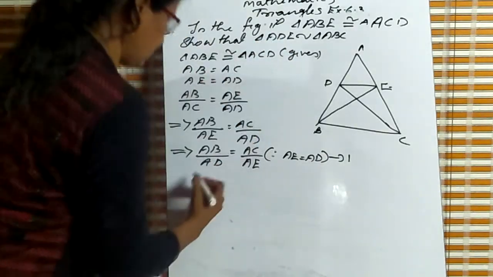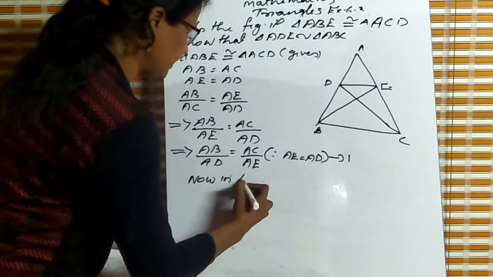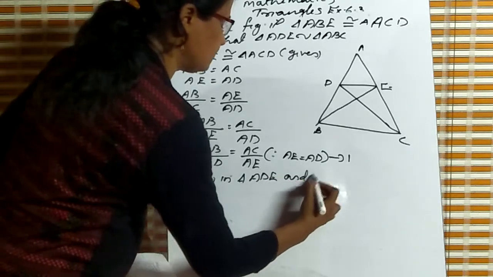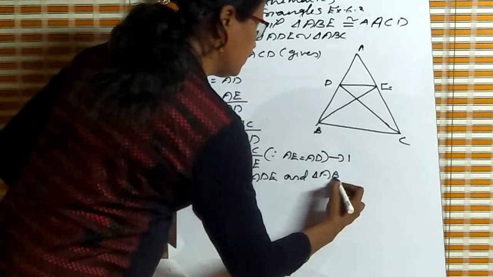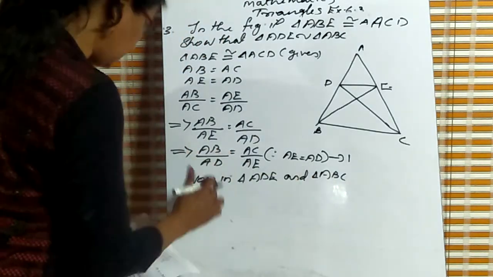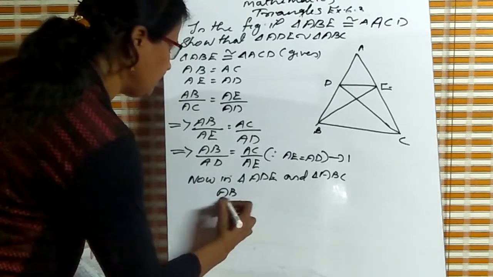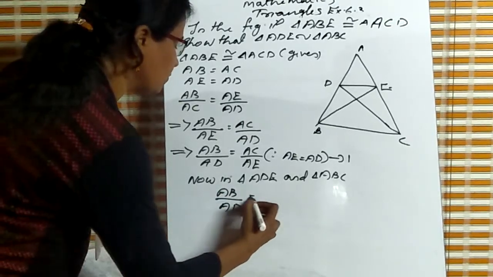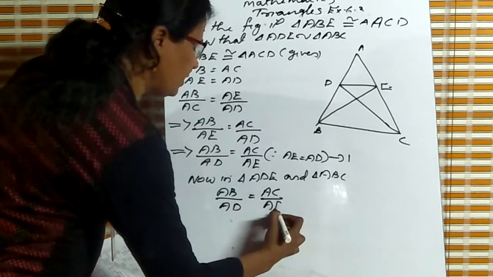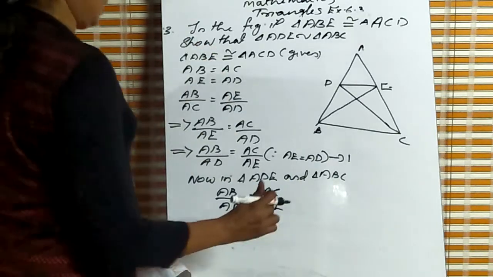Now in triangles ADE and ABC, the corresponding sides are AB by AD is equal to AC by AE, and one angle is common. Angle A is common for both the triangles.